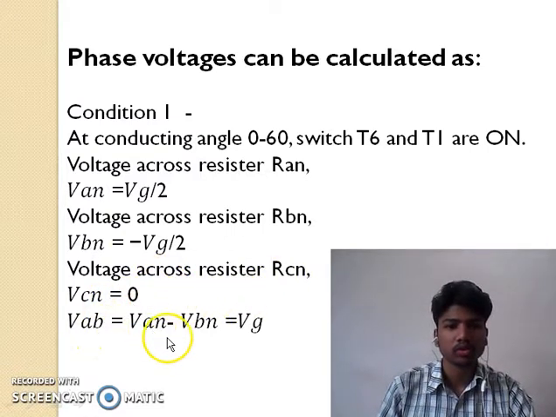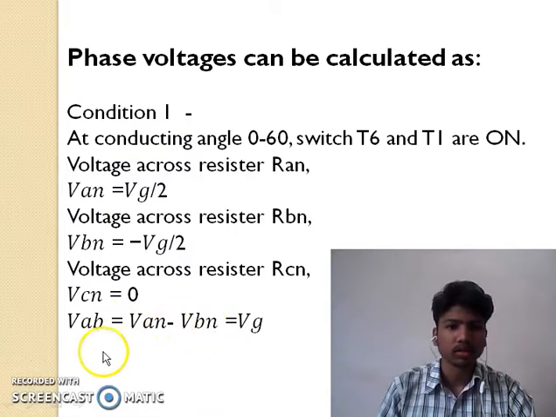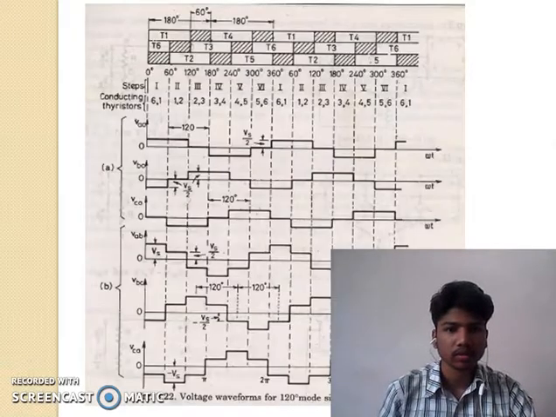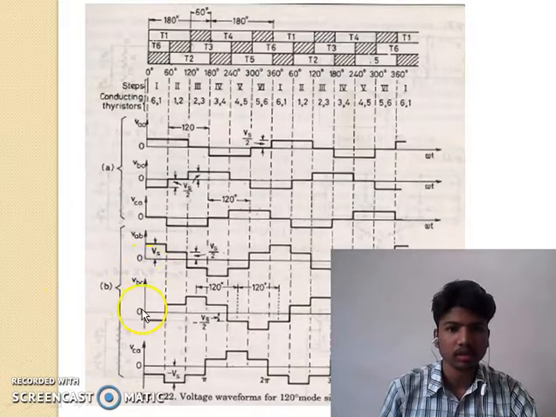VAB is equal to VAN minus VBN. Again, we are calculating VAB, VBC and VCA. So the formula of VAB is VAN minus VBN. Here are VAB, VBC and VCA.